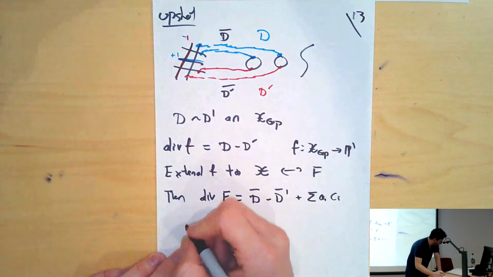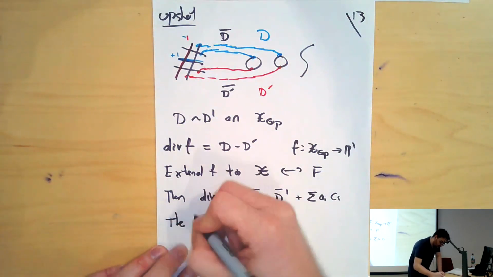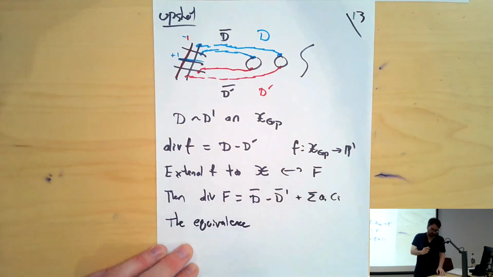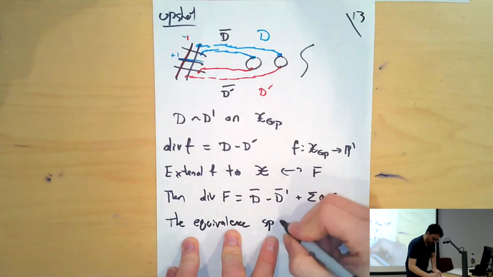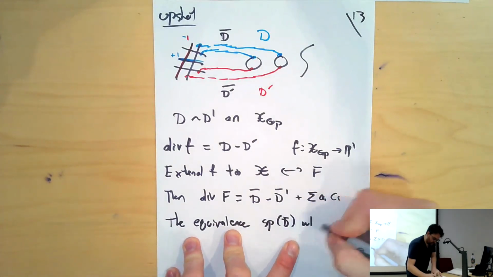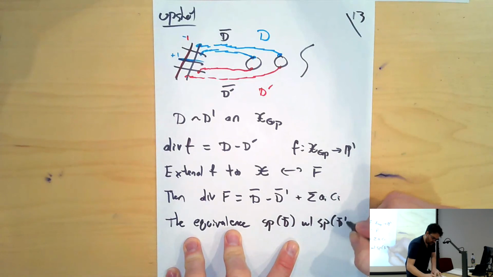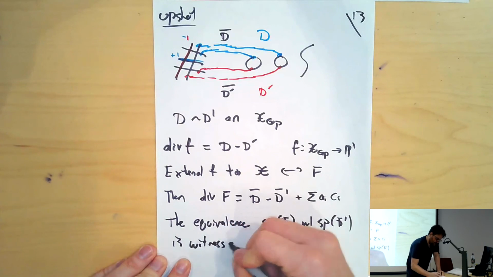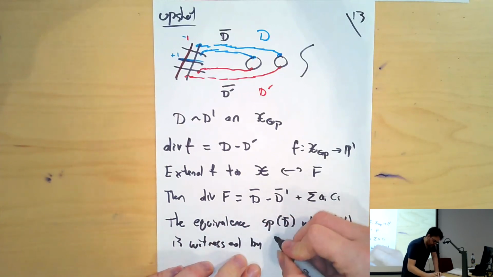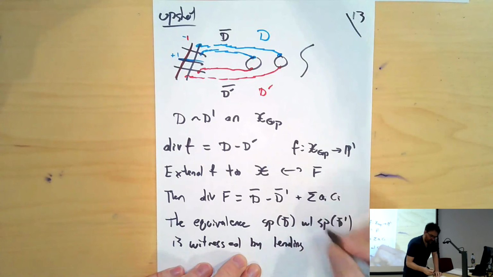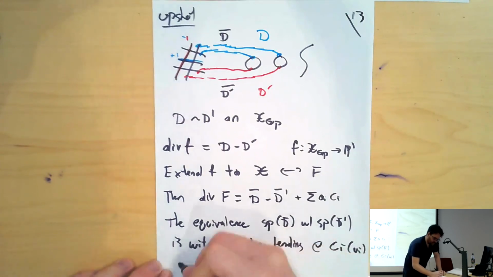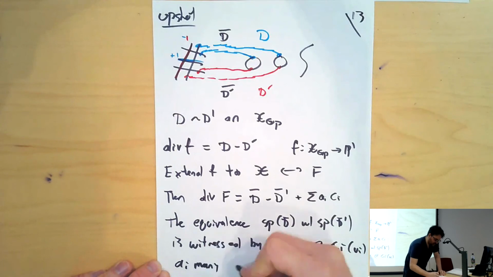And the upshot is that the equivalence, in the chip firing sense, of D bar with the specialization of D prime bar is witnessed by lending, (the negative of lending is borrowing), lending at vertex i, a_i many times.